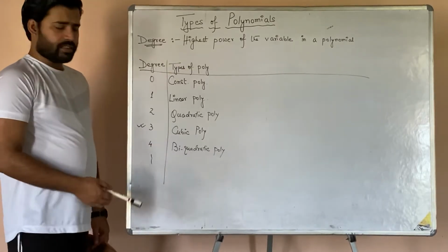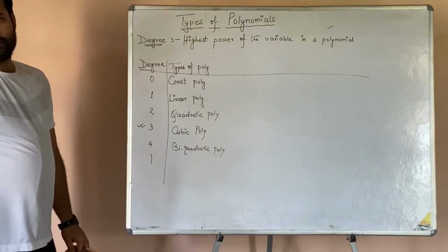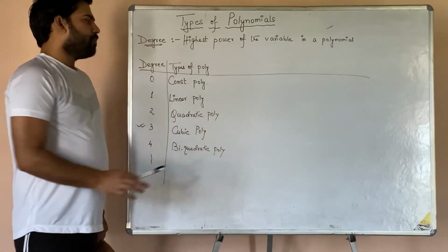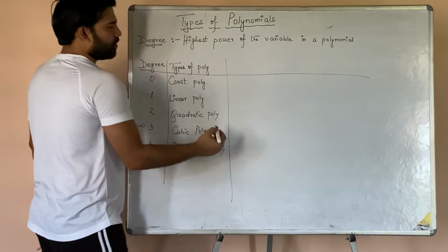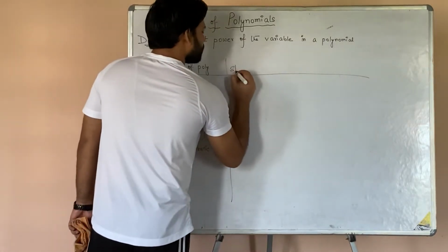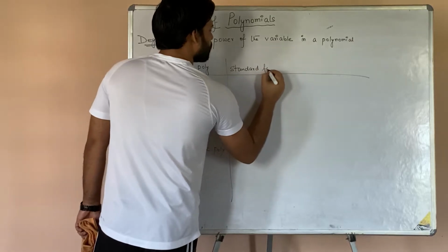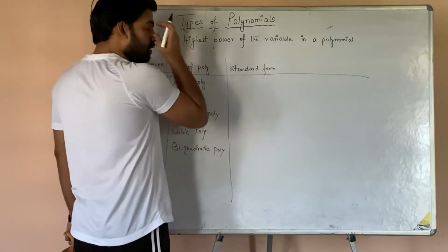It is not mandatory for you to memorize what biquadratic polynomial is. So basically this is a type of polynomial, and let us write down the standard form of it. Standard form. So the standard form is here.